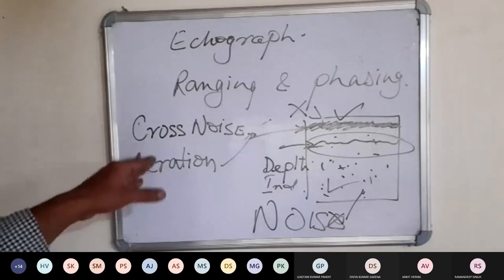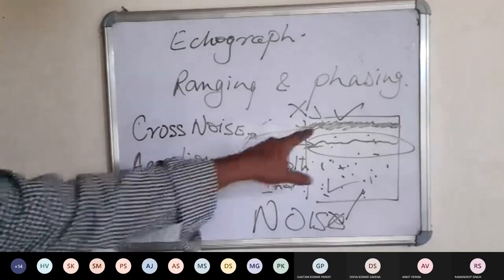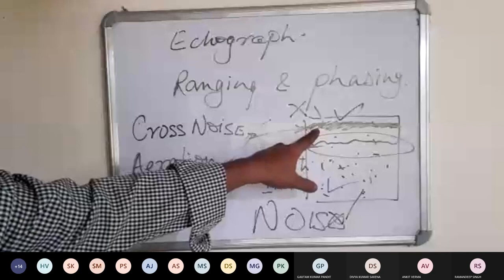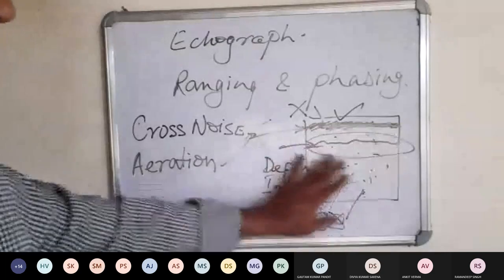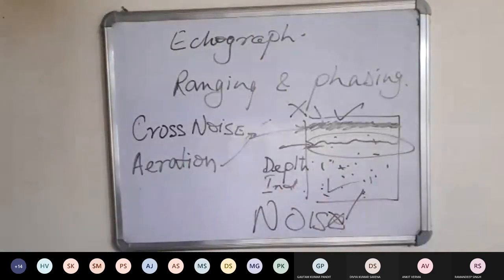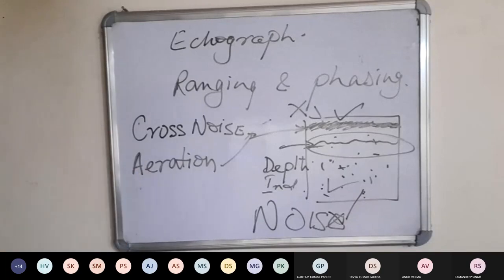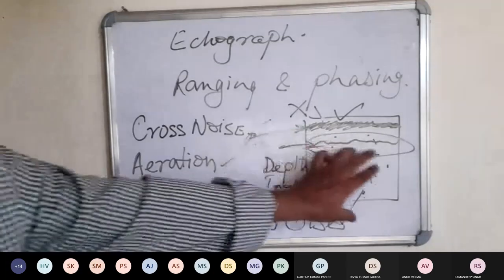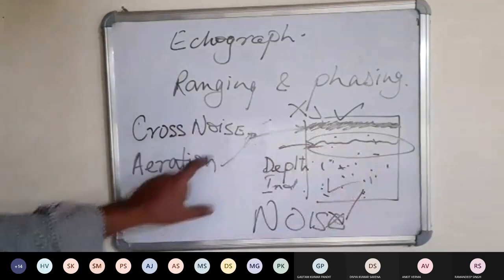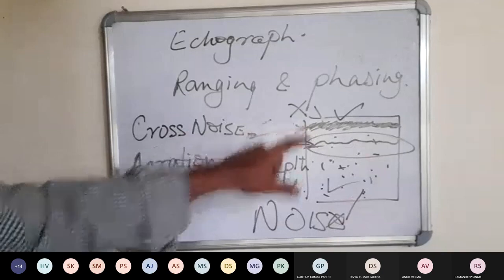Cross noise and aeration both will produce effects like this. Others are produced by other reasons, like what we said, the engine noise or fish or shore noise, etc. But mostly these two will be producing results like this.